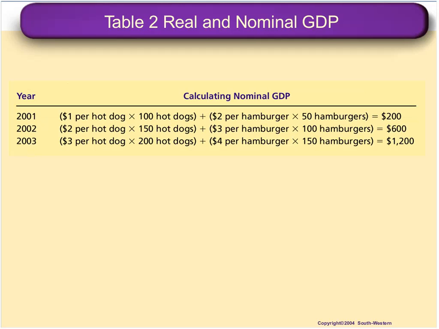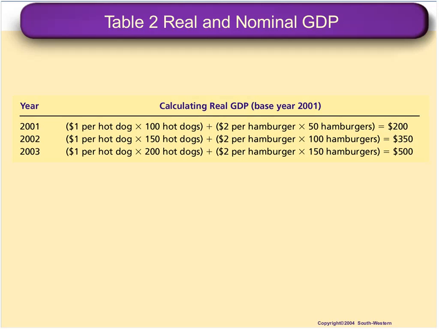For the next year, 2002, it's the same thing. You see the goods and services prices and their quantities, and you end up getting 600. And for 2003, you can see this amount goes to 1,200. So when you want to calculate the real GDP based on base year 2001, the year that you start the whole calculation from, this is how you do it.